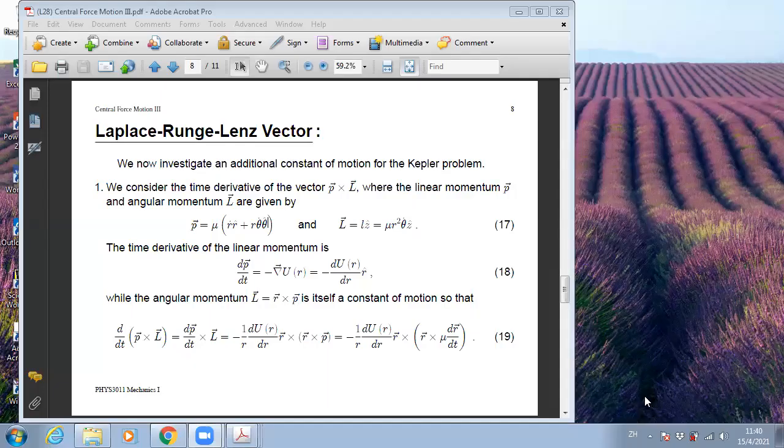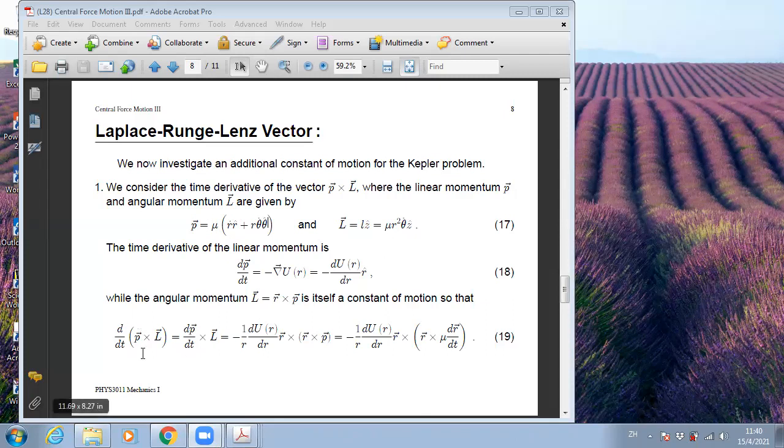Okay, sorry. Sorry about it. I hope it works now. Let me repeat a little bit. So we start with P and L, and we take the cross product, and we look at this particular vector, all right?